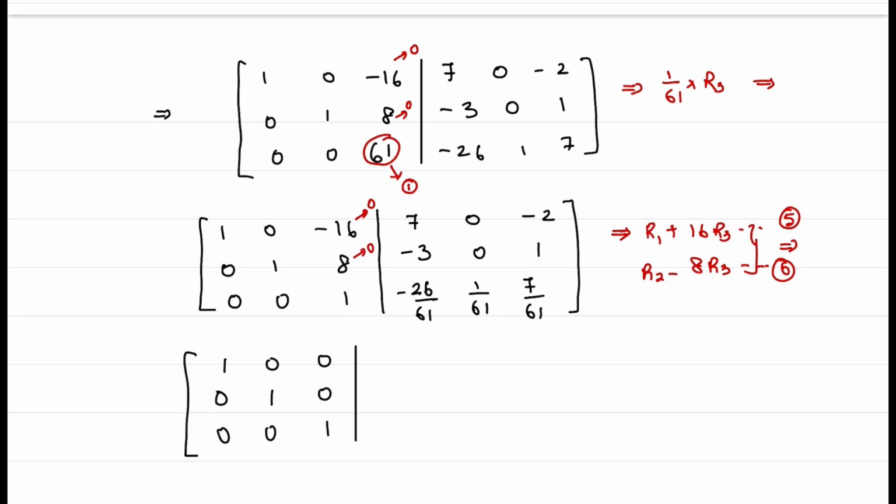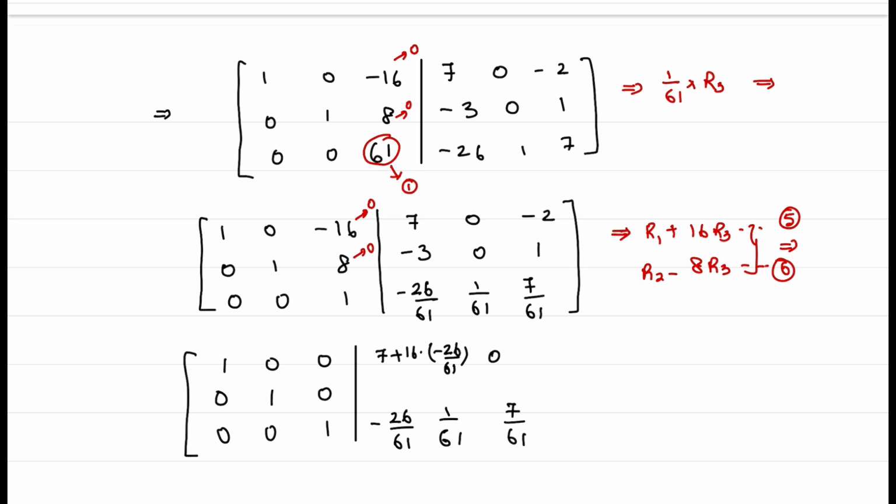Here also I will put the third row as it is, I am not changing. 1 by 61. We should be careful while doing arithmetics. R1 plus 16 R3. R1 is 7. 7 plus 16 into R3 is minus 26 by 61. Little bit careful while doing this.